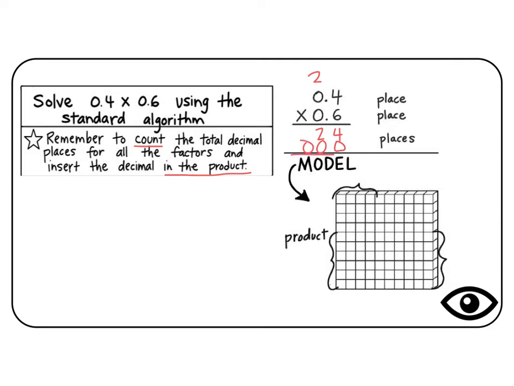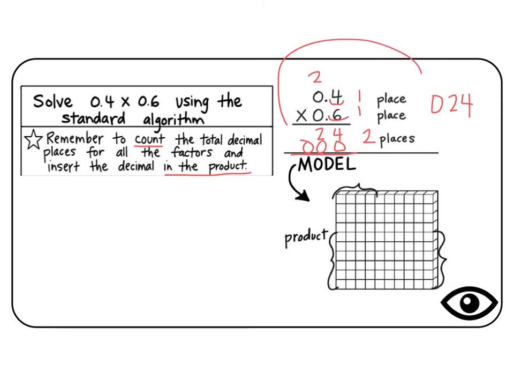So we just get that 24, but we need to count the number of place values in both of our decimals. Yesterday we only counted the place value in the decimal, not the whole number. But today we have two numbers and they both have decimals. So we start at the right and we count 1, and then we start with the second number, start at the right and count 1. So we have 1 and 1, which means we need 2. So we would have the number 0, 2, 4 when we added.